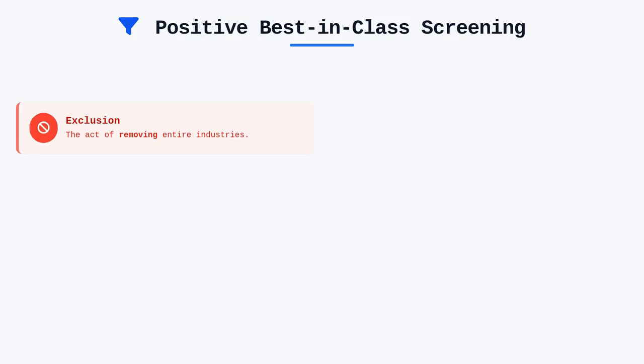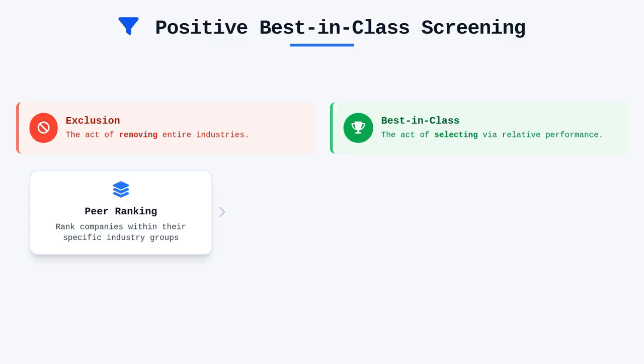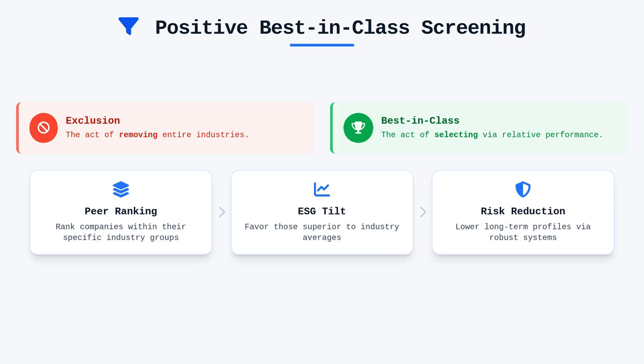If exclusion is the act of removing, then positive best-in-class screening is the act of selecting based on relative performance. Here, an investor does not necessarily boycott an entire industry, but instead ranks companies within their respective peer groups based on ESG performance metrics. The goal is to favor companies that demonstrate management of environmental or social risks superior to their industry averages.